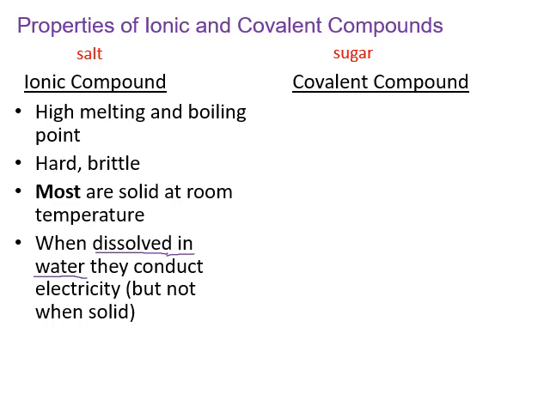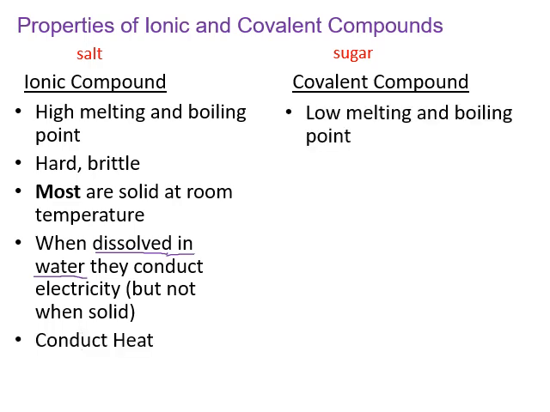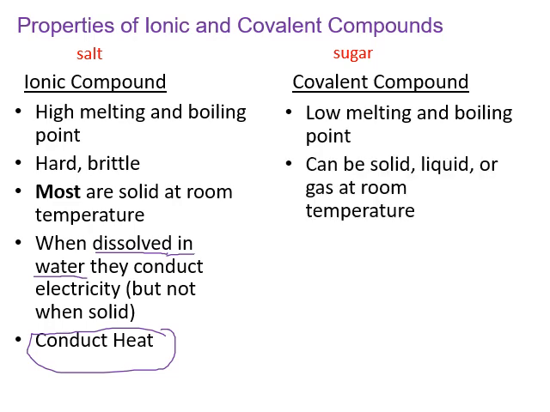Covalent compound, the sugar. The sugar melted because covalent compounds have a low melting and boiling point. Oh, I also forgot to throw out ionic compounds conduct heat. Don't miss that. So yes, our covalent compounds, low melting and boiling point. They can be solid, liquid, or gas at room temperature. They aren't like ionic compounds where most are solid.